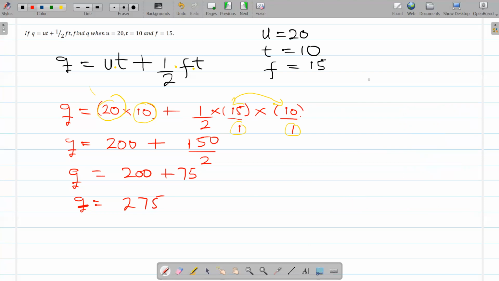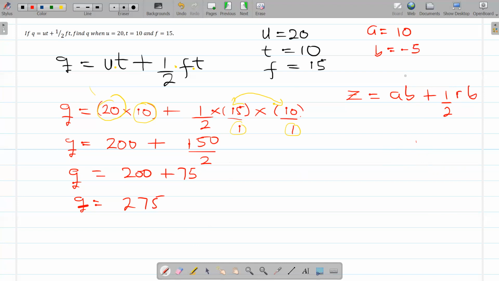So let's look at this other question. Z is equal to AB plus 1/2 RB.